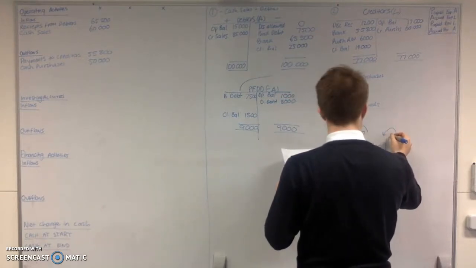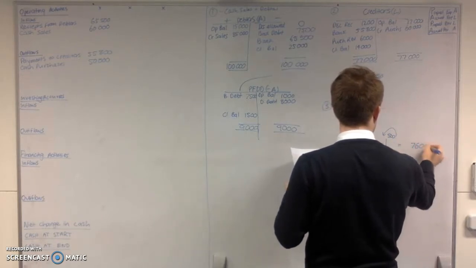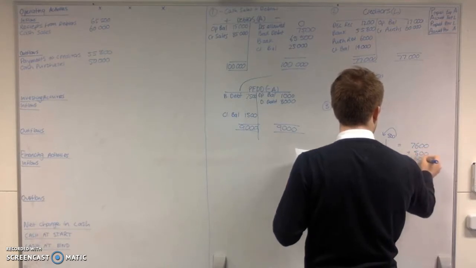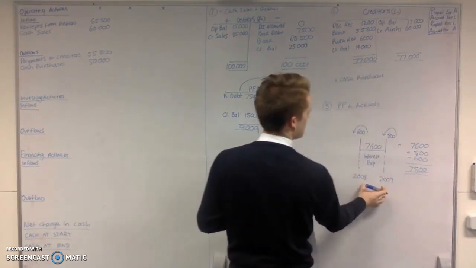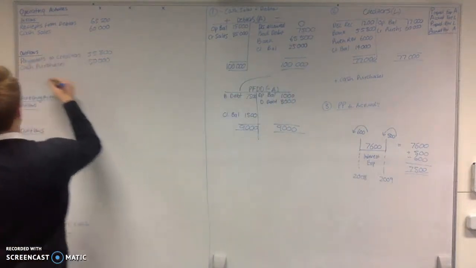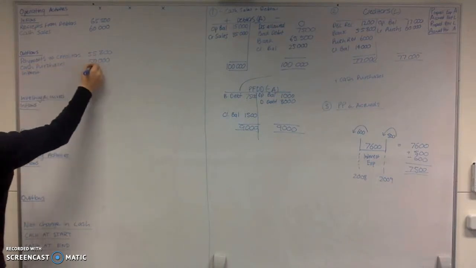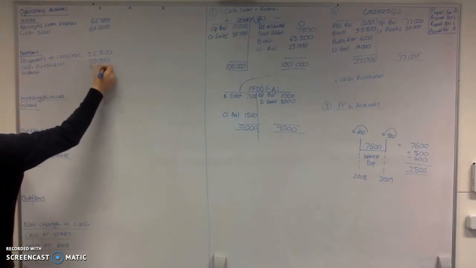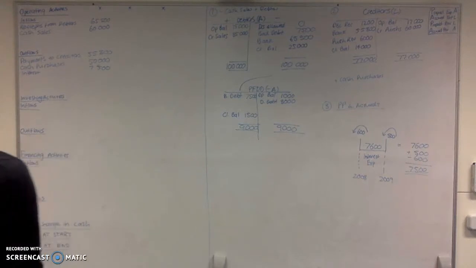And 500 in 2009, therefore the total cash actually paid for interest expense during this accounting period is $7,500. Okay, that's that one done. You can tick that one off for prepaid interest.